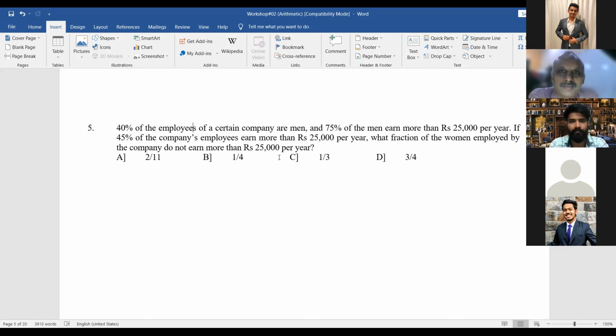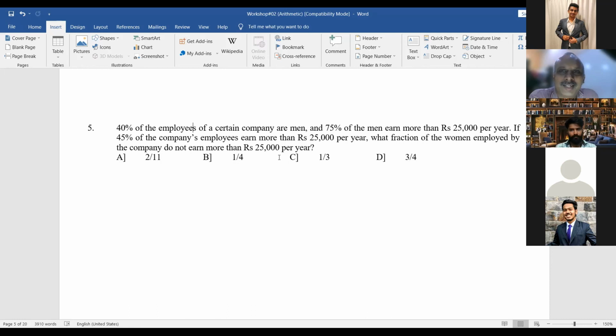So 45% of 100 is 45. 30 are men, so 15 are women. Total women is 60. 15 women are getting more than 25,000, and 45 women are not getting more than 25,000. So 45 by 60, right? Absolutely right. Very nice. Thank you, sir.